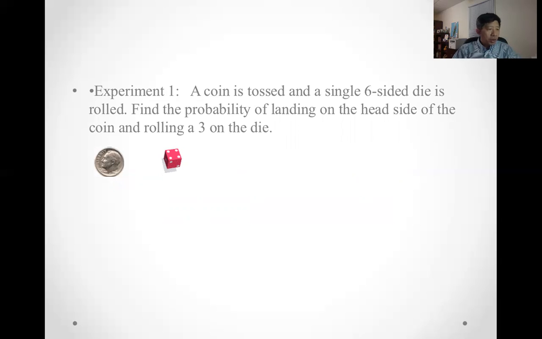So in this example, we are looking for the head, all right? The probability of the head side of the coin, and then the probability of a 3, right?